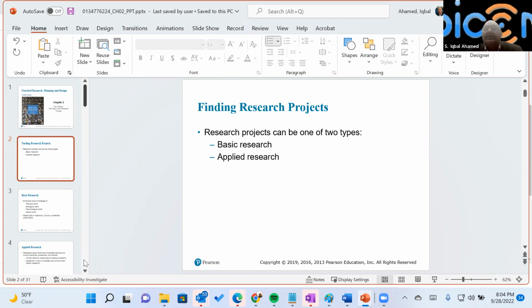Or even in a particular subject, you're trying to enhance the knowledge. But applied research is where you are trying to see the applications of some approach or newer method, a newer way. In applied research, most of the time we see that something is working.